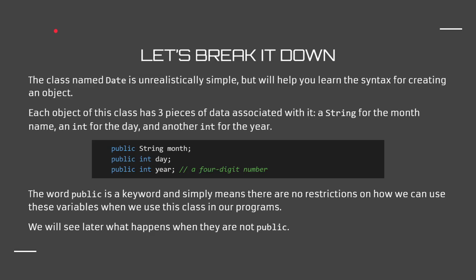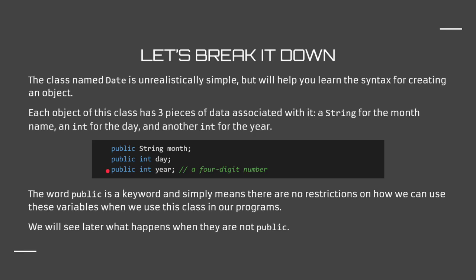The class named Date is unrealistically simple, but it will help you learn the syntax for creating an object. Each object of this class has 3 pieces of data associated with it: a string for the month, an int for the day, and another int for the year. The word public is a keyword, and it simply means there are no restrictions on how we can use these variables when we use this class in our programs.